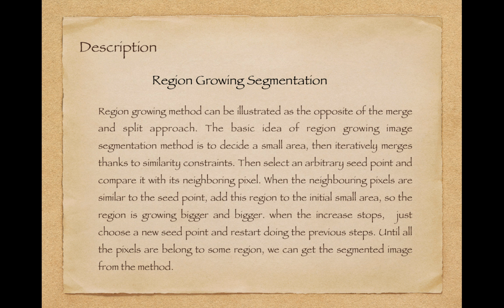When the neighborhood points are similar to the seed point, add them to the initial small area, so the region grows bigger and bigger. When the growth stops, choose a new seed point and repeat the previous steps until all the points belong to some region. We can get the segmented image from this method.